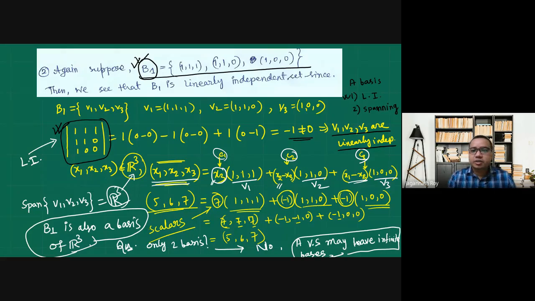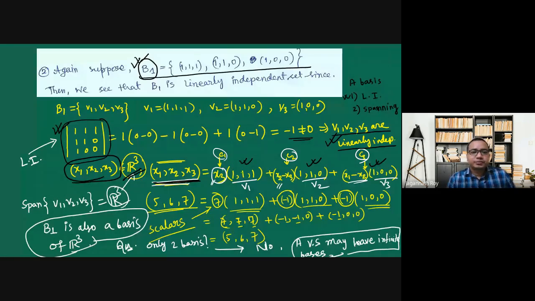Okay, these two conditions have to be satisfied. So the first condition we have satisfied. Now we have to check whether it is a spanning set or not. For spanning, we have to take one arbitrary element from the vector space V, and check whether we can write it as a linear combination of these three vectors.